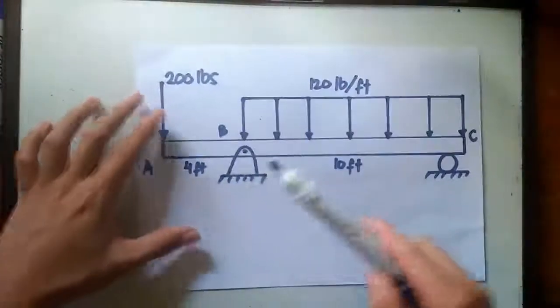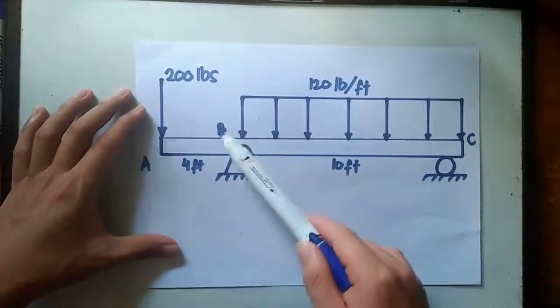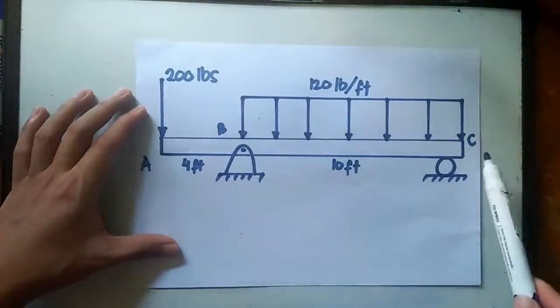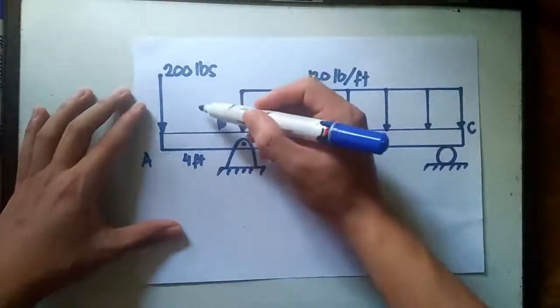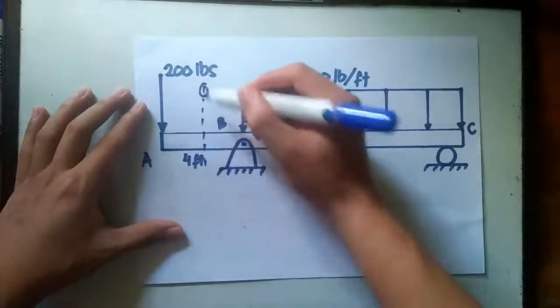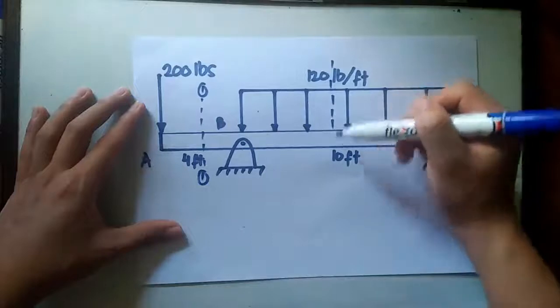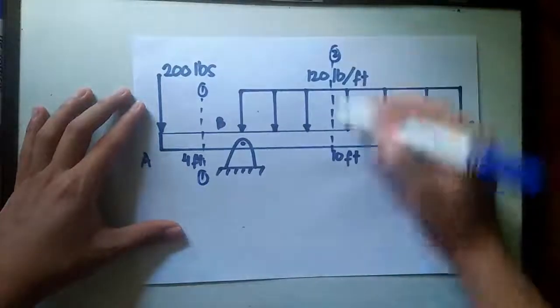So the next step is to do the method of sections between sections A to B and then B to C. Okay, so we're going to do the method of section at this point. So let's say this is section 1-1 and this one 2-2.